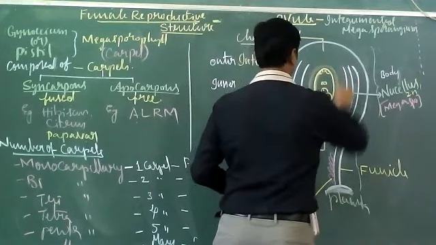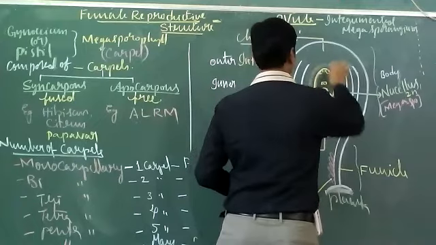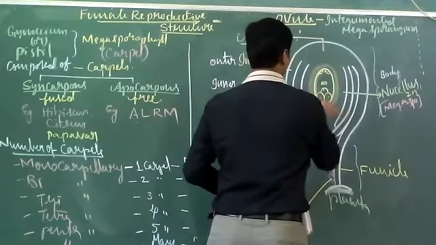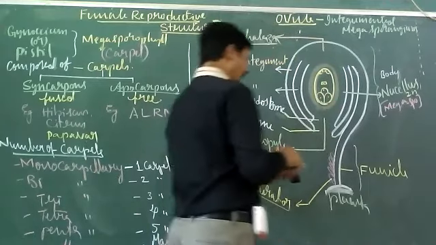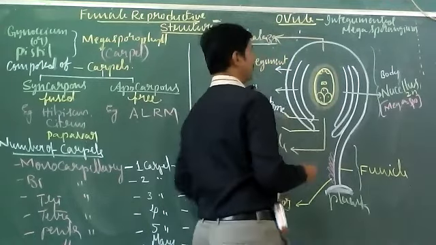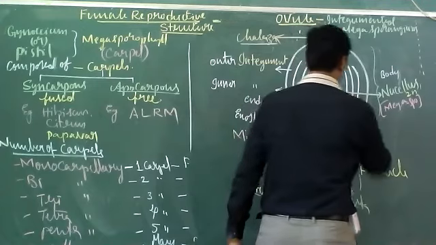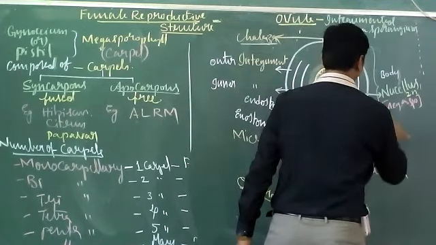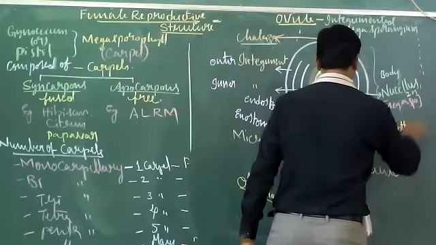Around the embryo sac, you can see the presence of a nutritive tissue, which is called the endothelium.